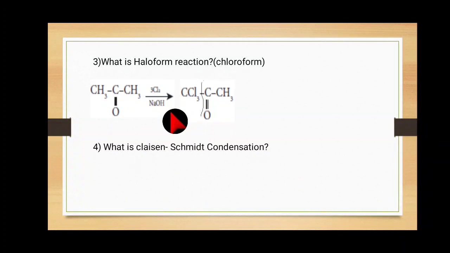Now the C double bond O is bonded with 3 acidic hydrogens on the left side and 3 acidic hydrogens on the right side. On the left side, the 3 hydrogens of CH3 are replaced by 3 chlorines.